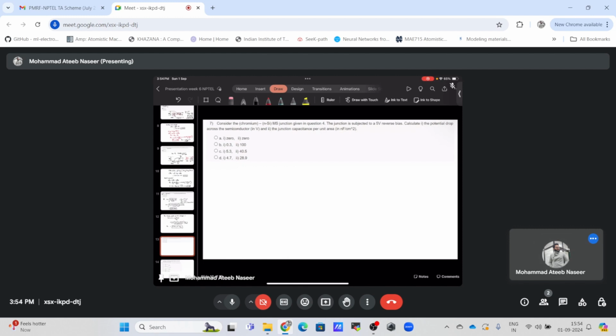So it is simply this metal-semiconductor contact, same as in question number 4, and this is again subjected to reverse bias, and we have to calculate the potential drop across this semiconductor, and also the junction capacitance per unit area in units of nanofarad per centimeter square.